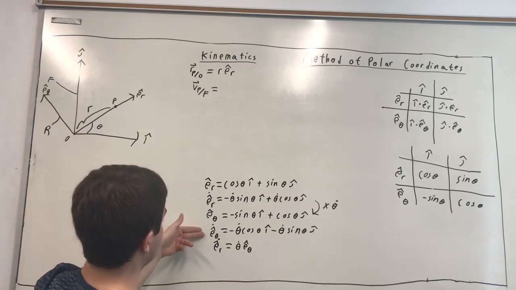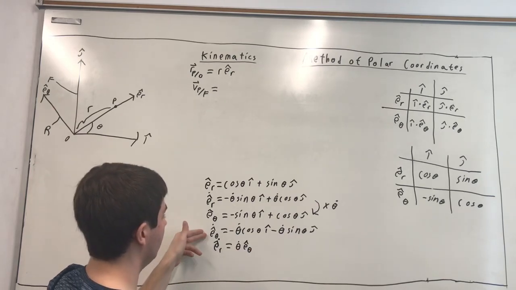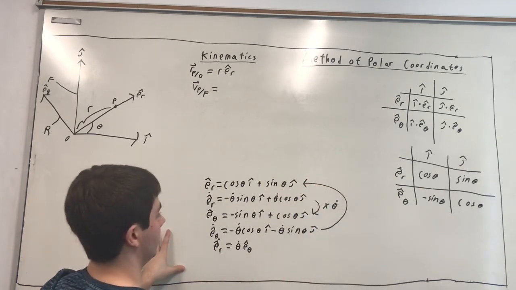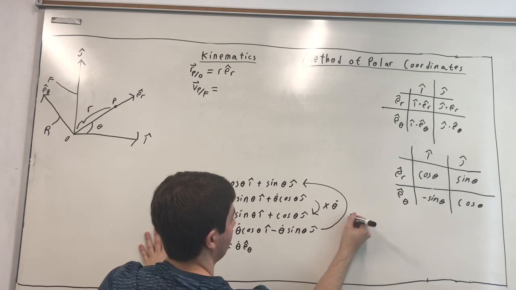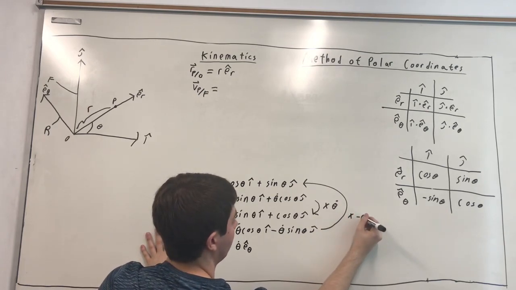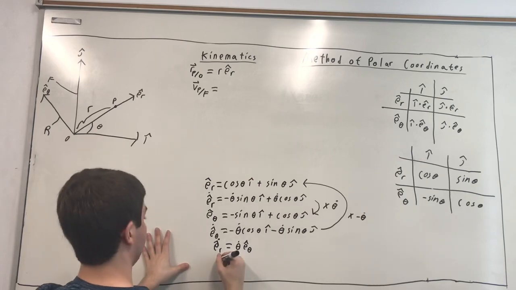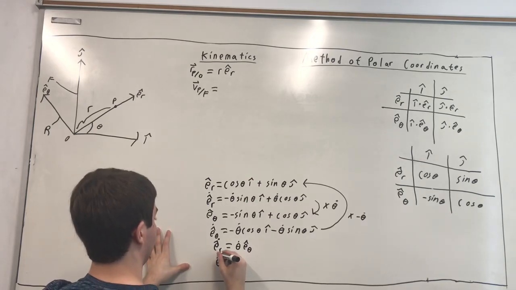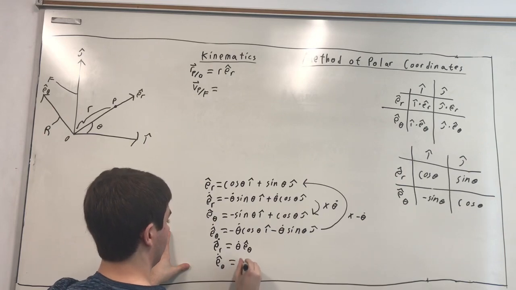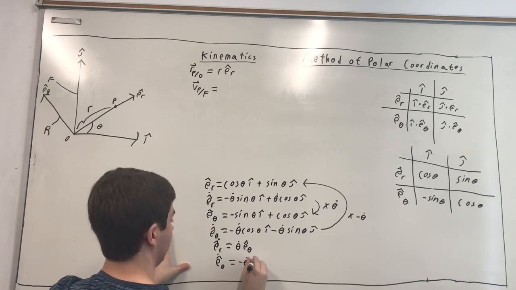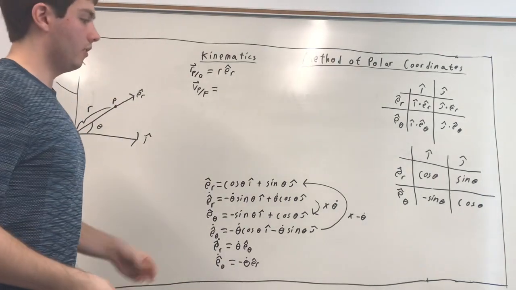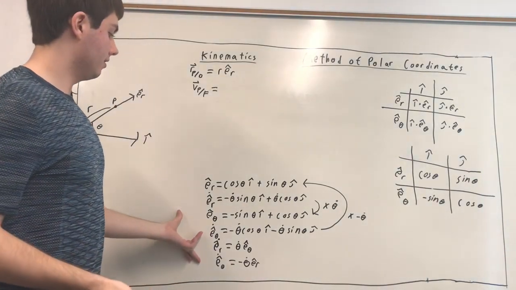Then next, you look at e hat theta dot, and you're like, wait a second, this is the same thing as this if it was multiplied by a negative theta dot. So now you have e hat theta dot equals negative theta dot e hat r. So hope that made some sense to you.